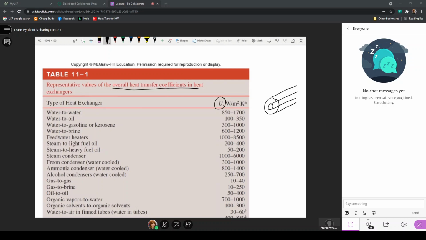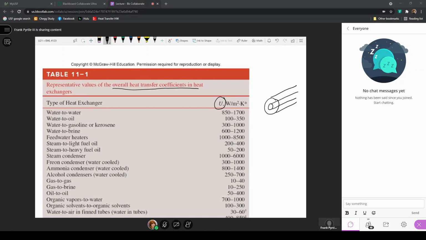We know that the velocity of the fluid is going to affect the length of the thermal entry region. If it's a turbulent flow, we would consider that the thermal entry region length would be approximately the same as the hydrodynamic entry region length, which would just be 10 times the diameter of the pipe. Then the heat transfer coefficient will be considered constant. If it's a laminar flow, the thermal entry region length is 0.05 times the diameter times the Reynolds number times the Prandtl number.